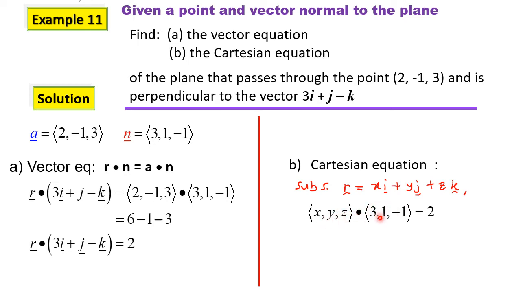So no more ijk, we just focus on the dot product. So straight away 3x plus y minus z, on the left hand side after we put together x, y, z here, equals 2, right? Very simple. Okay, for example 11.